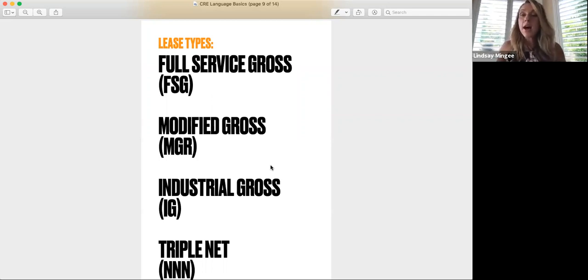If I only occupy a building on Wednesday nights and Sundays, it makes more sense to me to pay directly for the cost of running the HVAC in my church than it does for me to pay the landlord what it costs him, overall in the span of a year. So that's where modified gross comes in.